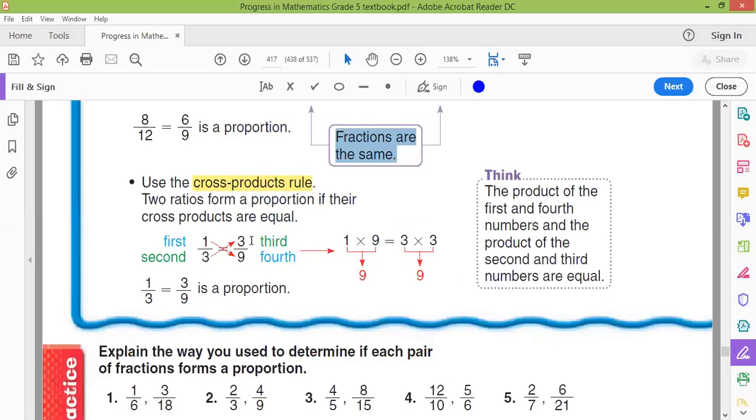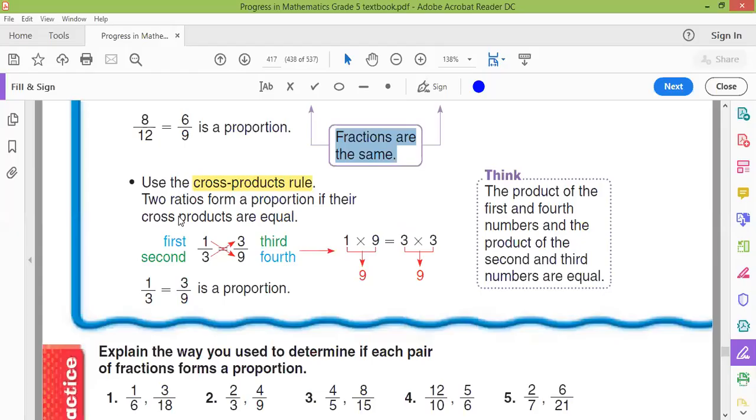What is the question? 1 over 3 is equal to 3 over 9, not 1 over 9.